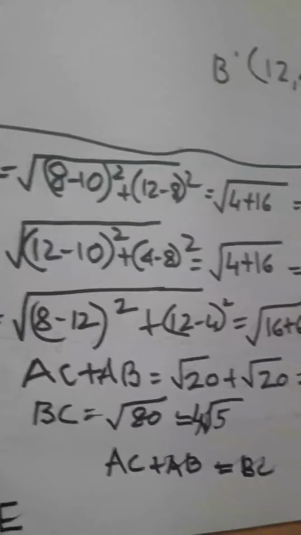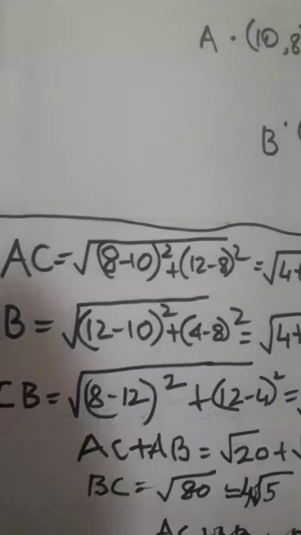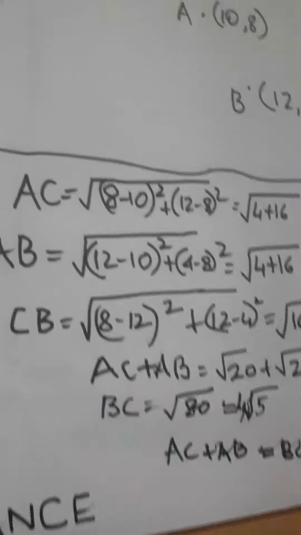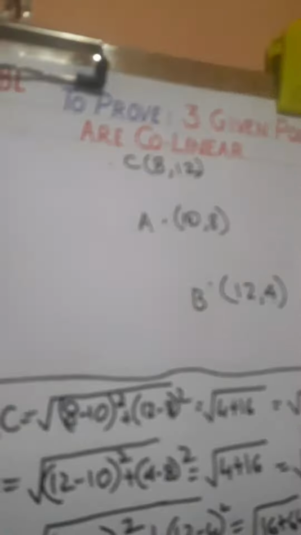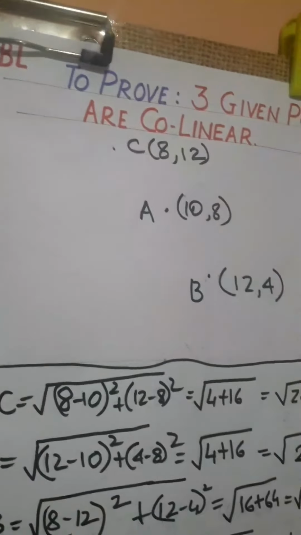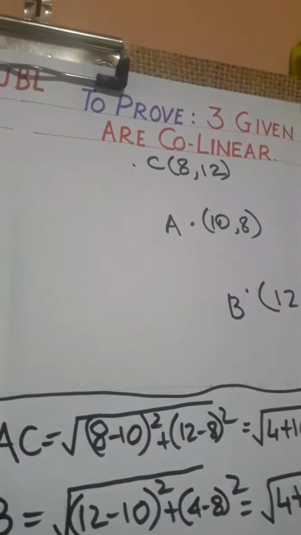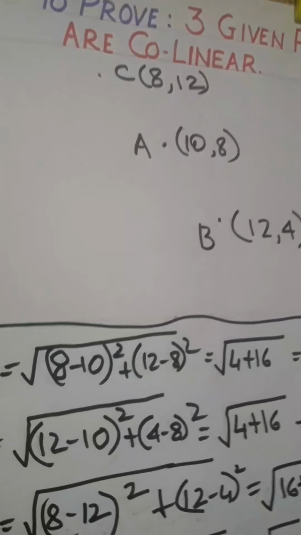So the summation of 2 sides is not greater than the third side but is equal to that. So naturally they cannot be the 3 sides of a triangle, or in other words, the points C, A and B cannot be the 3 vertices of a triangle.